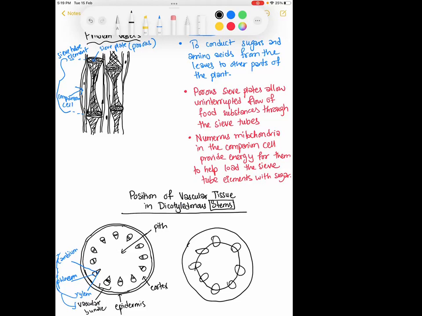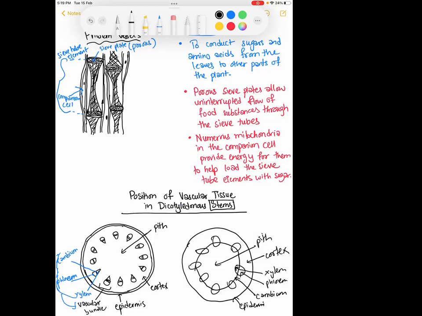Then you know clearly that this middle part is the pith. This outside is the cortex. And then this inner thing is the xylem. This outer part is the phloem. And this middle line is the cambium. So this one is the cambium.